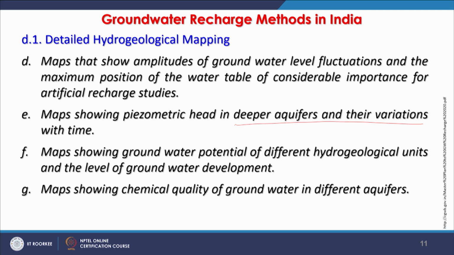Further, if it is possible to have that information, the chemical quality of groundwater for different aquifers will also be helpful, and if that is available, fantastic. Sometimes you may not get all this information.